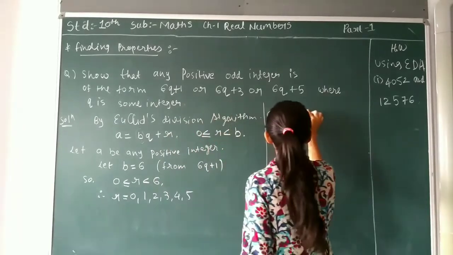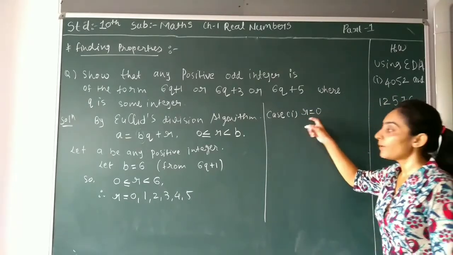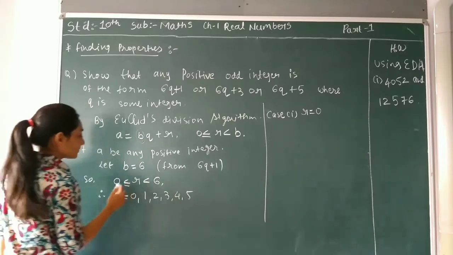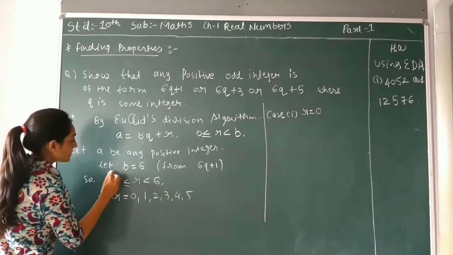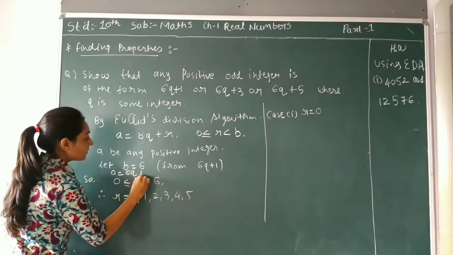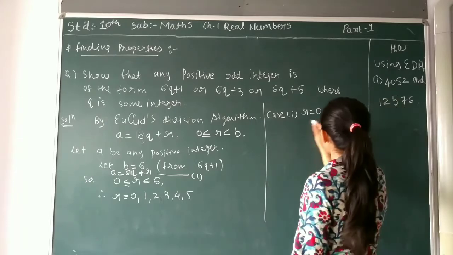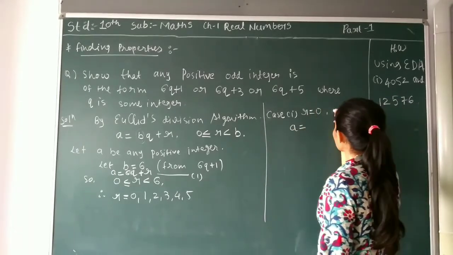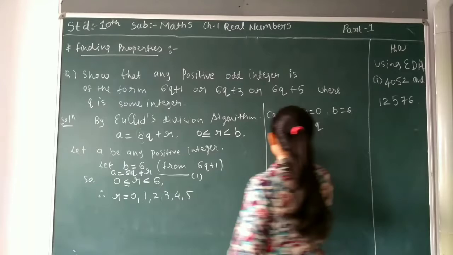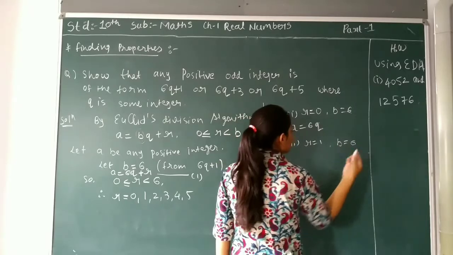Case 1: R equals 0. I am putting this value in the equation A equals 6q plus R. So my A equals 6q only, as B equals 6. Now the second case, R equals 1, B equals 6 only.